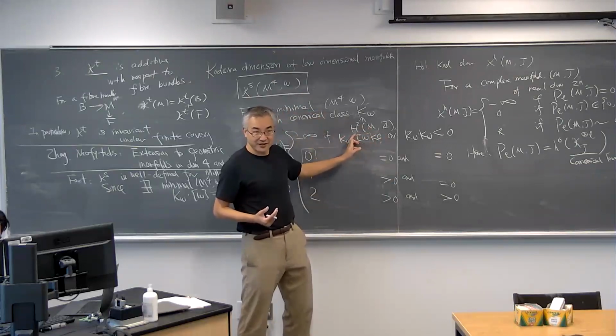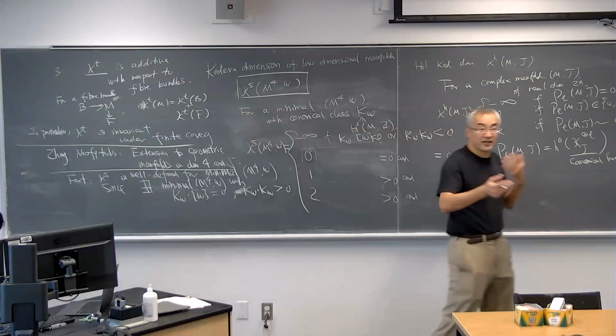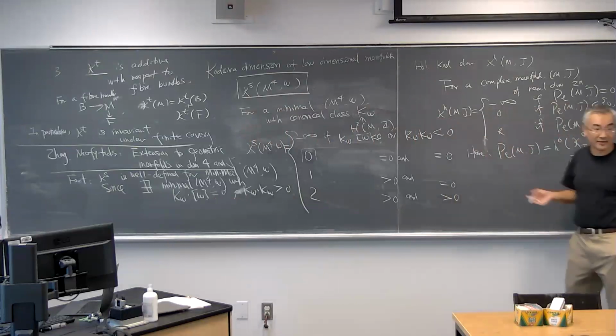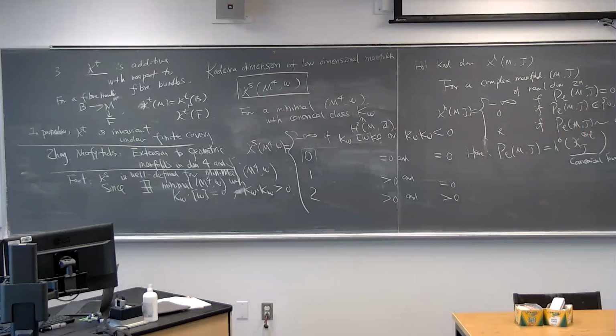It's like CP2 blown up at two points. You can have S2 times S2 as a minimal model or CP2 as a minimal model, but all the minimal models have the same Kodaira dimension. And this turns out to be invariant of the smooth structure.